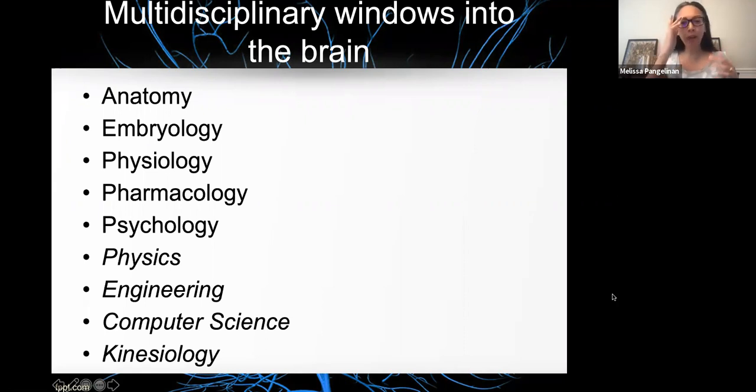But all of us provide a different way, either in terms of the actual imaging of the brain, the actual segmentation of the brain, or really trying to understand how the brain works from an engineering or computer science perspective. So all of these different windows have historically provided us with more and more information about what the brain looks like, what it does, and how it functions.